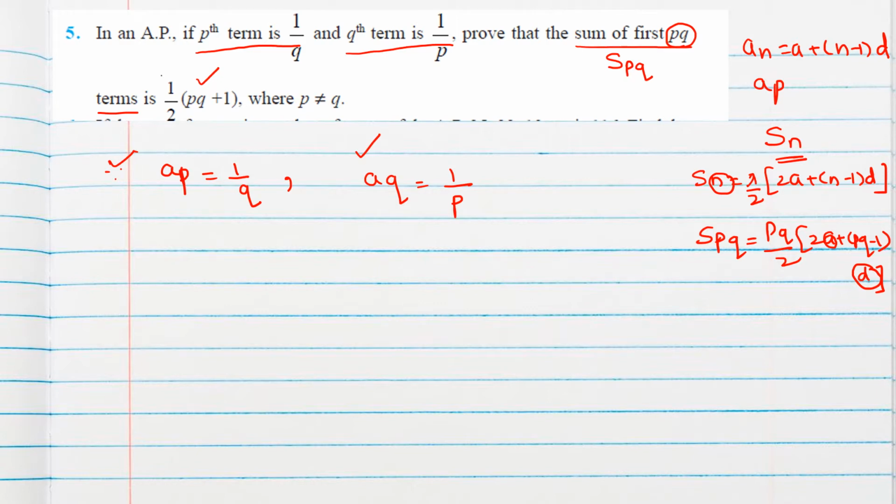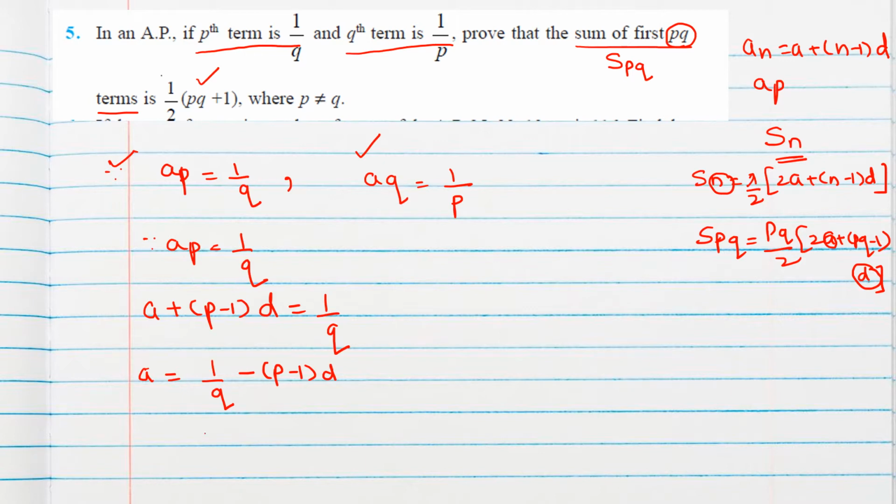First we'll solve this: AP equals 1 by Q, so the formula will be a plus (p minus 1)d equal to 1 by Q. We can get a from this expression: a equals 1 by Q minus (p minus 1)d.